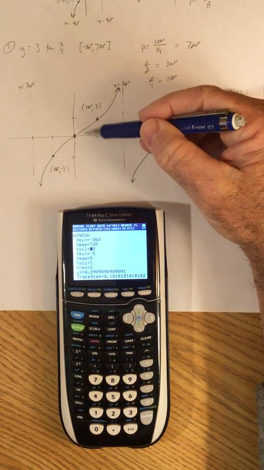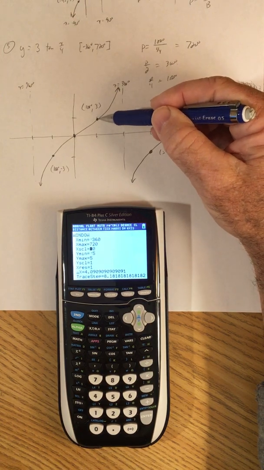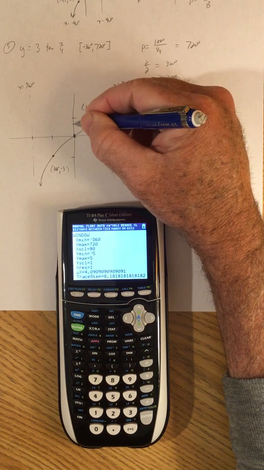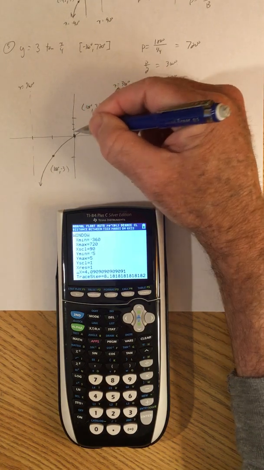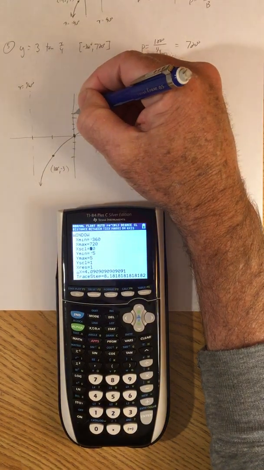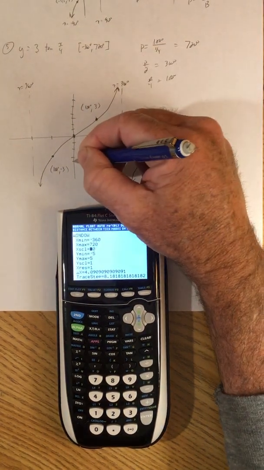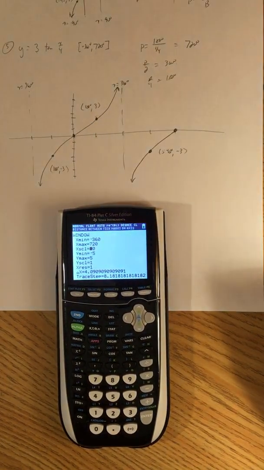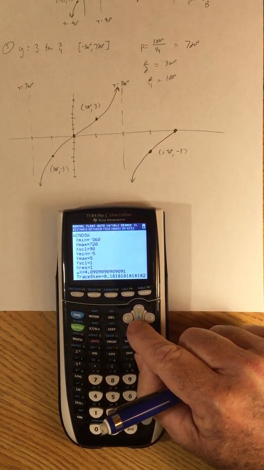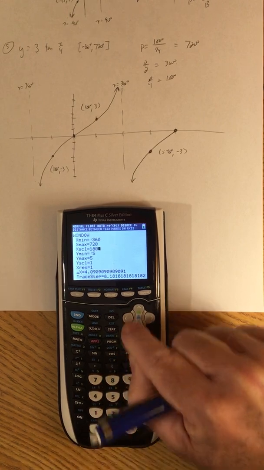We want to make our scale, if that's 3, actually, I should have put a scale in here. We should draw in the tick marks at 1. All right, so let's go. We want the tick marks on the x-axis at 180.